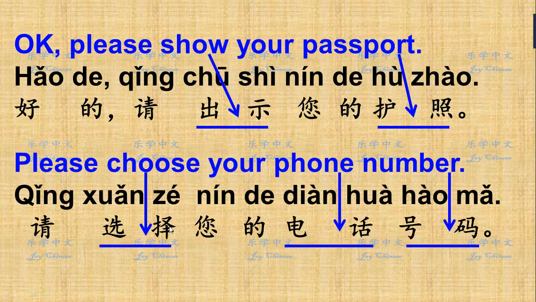Here, 选择 choose or select. 选择 You can decide, you just select whatever number you like. Or you want a special number which has a very good meaning. You have to pay extra money to get this number. For example, you have a lucky number you want to have in your phone. You may need to choose something and pay for it.